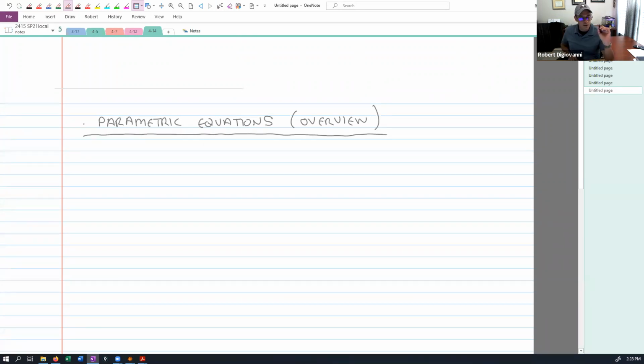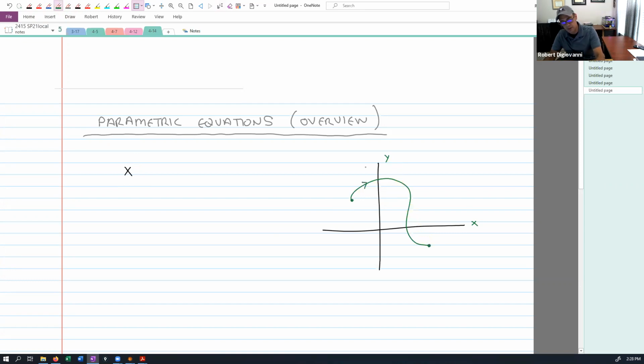The idea behind a parametric equation is this. You have a curve that lives in two-dimensional space where this is X and this is Y. So you've got some curve here. Let's say it starts here and ends here, going from that point to this point.